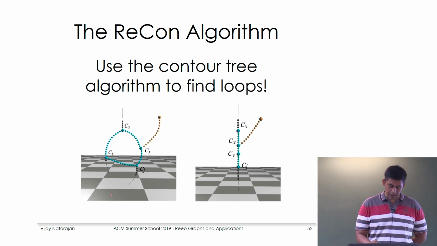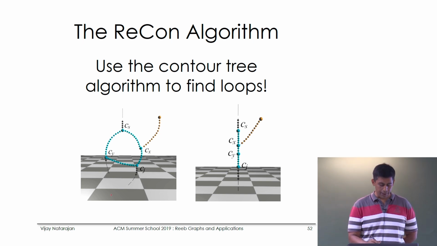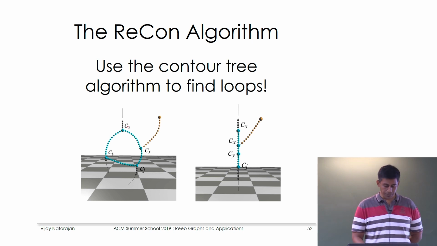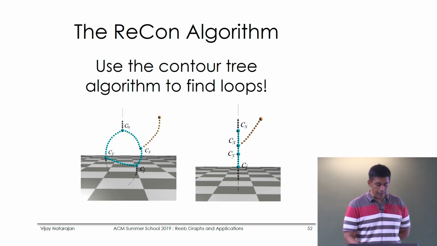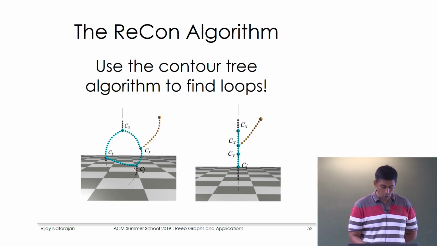So let's take a snapshot, or I mean a section of the Reeb graph that's shown here, which shows one cycle. One of the cycles that goes from C sub j to C sub s. I define this loop by the lowermost critical point C sub j and the highest critical point C sub s.